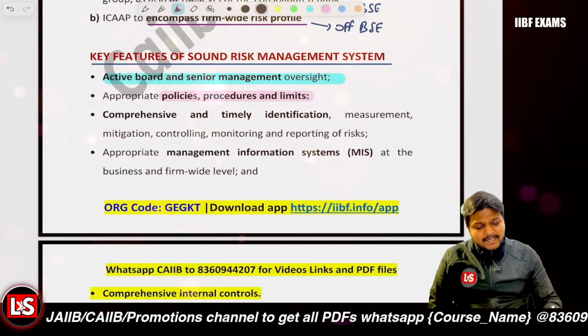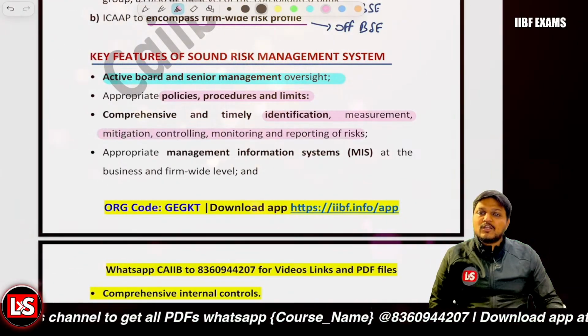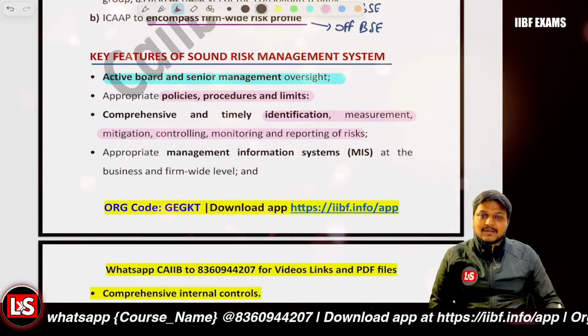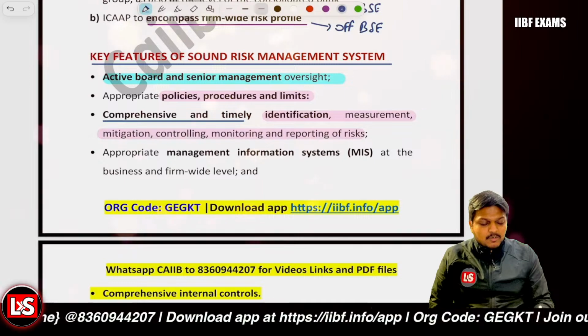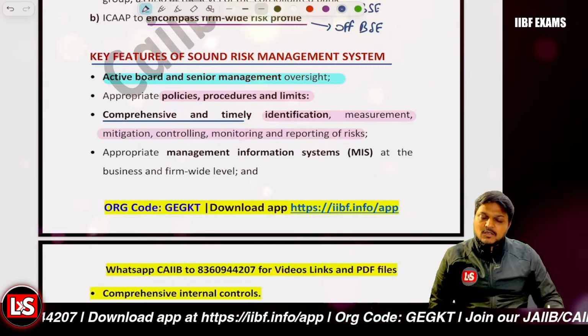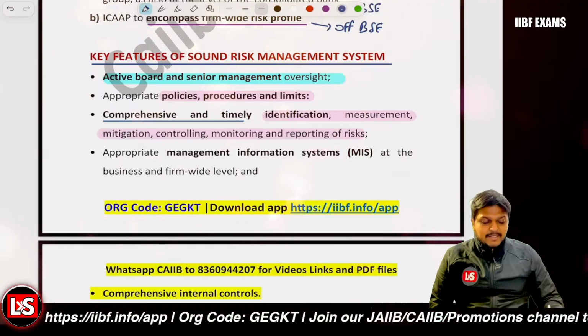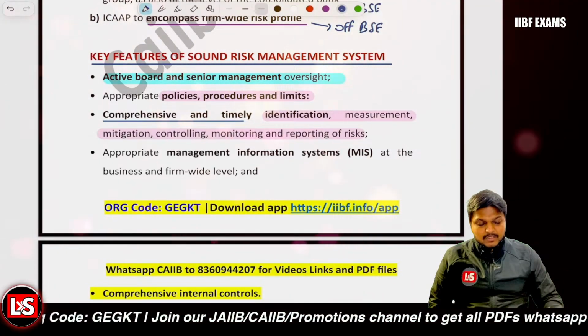And then it's about the identification and measurement, mitigation and control, and reporting of the risk. That should be comprehensive and it should be done timely when we're talking about the identification of the risk, quantification of the risk, mitigation, controlling, monitoring, right? So that should be done comprehensively and timely.